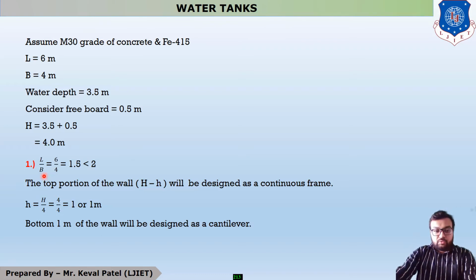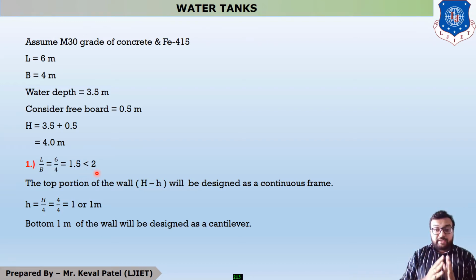Now we are moving further to our condition check in which our L is equal to 6 meter and our B is equal to 4 meter. So our L by B ratio is 1.5, which is less than 2.